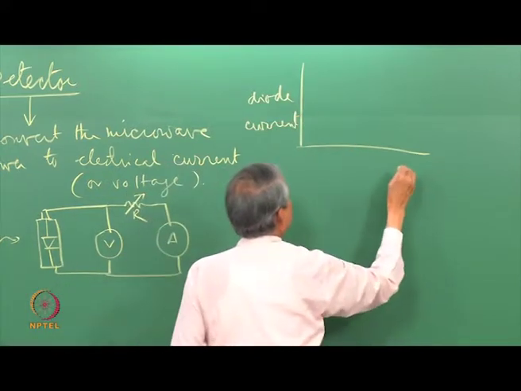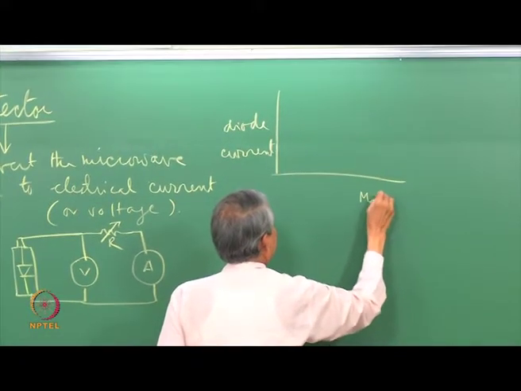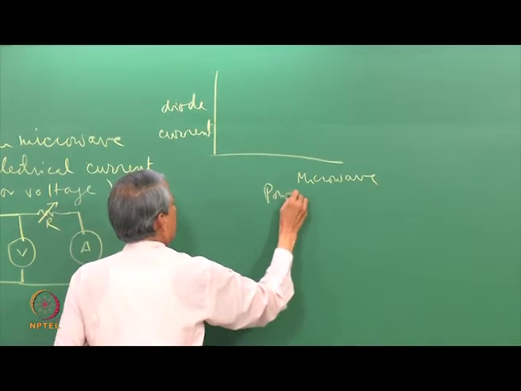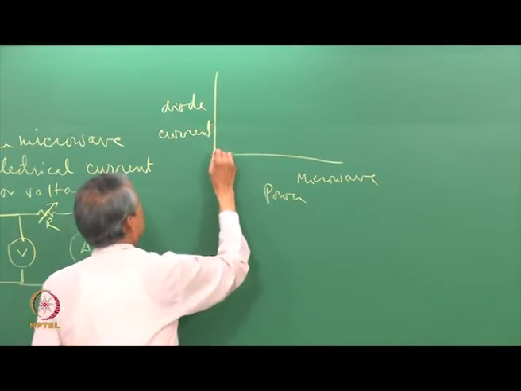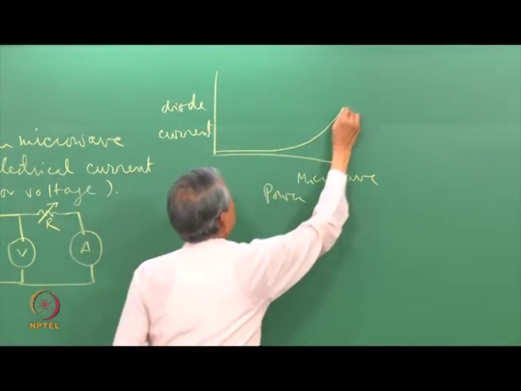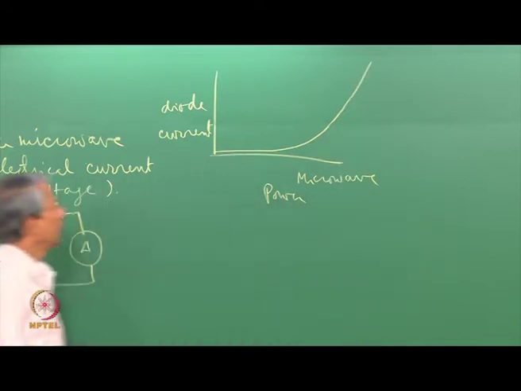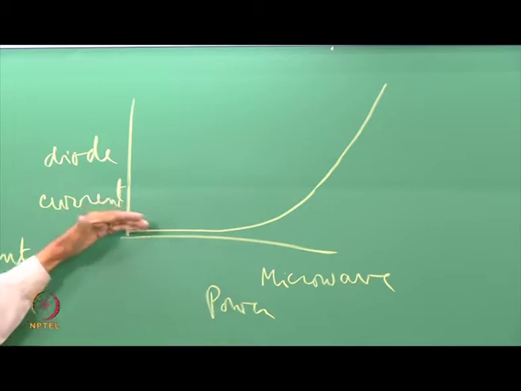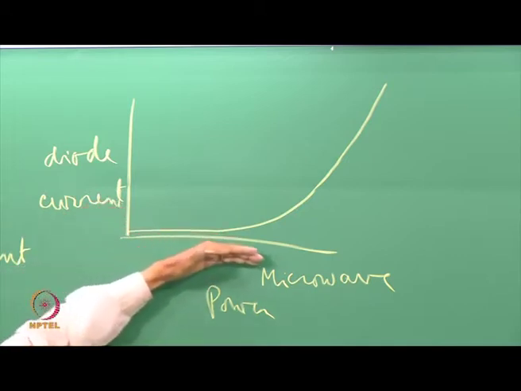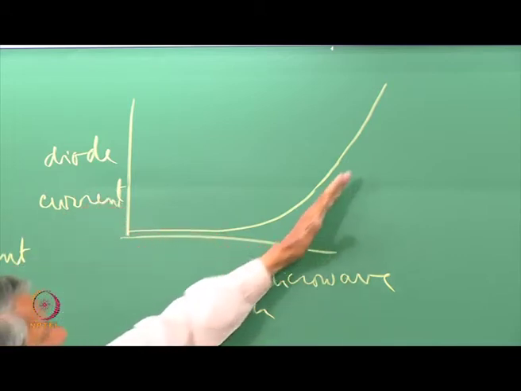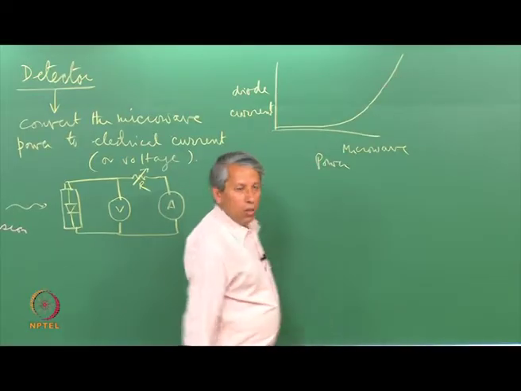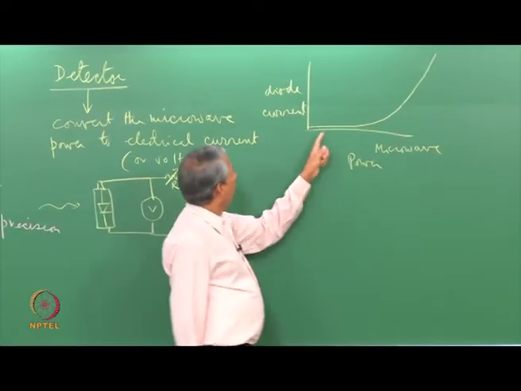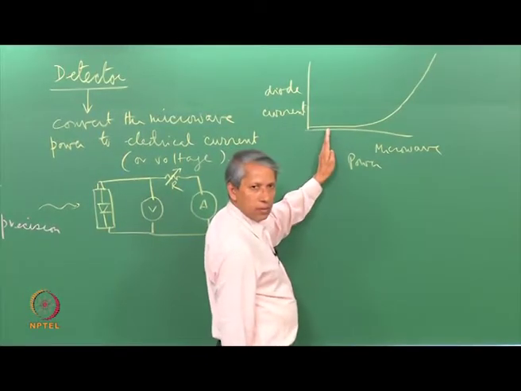Diode current versus the power. So, it sort of like this type of behavior. So, at a very low level of microwave power, the current is very small, and then as the power increases, it shoots up. So, the sensitivity therefore very much depends on where I am working.